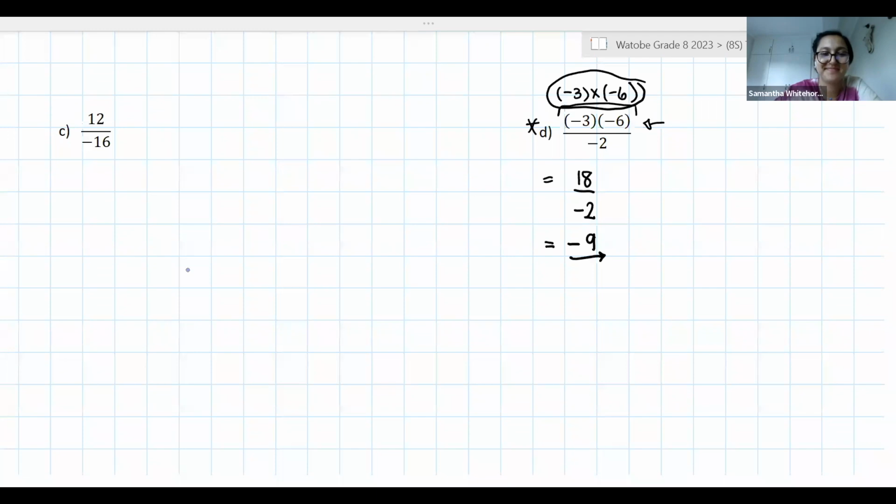Ma'am, my answer for number C is 0.75. Okay, right. Sorry guys, we are on C, just so we're all clear on that. So is it positive or is it negative? Let's start with that. It is positive and negative.